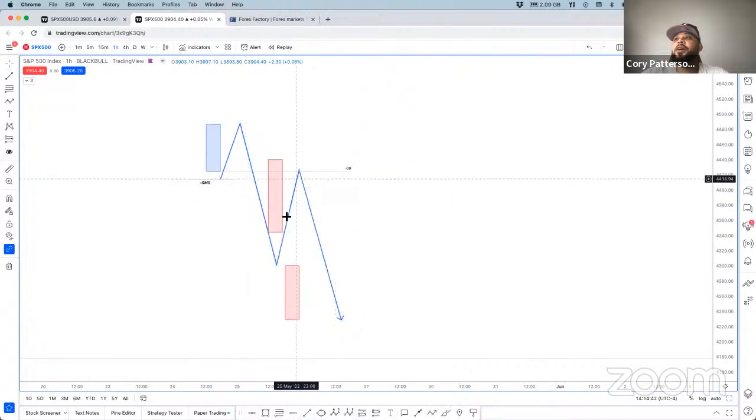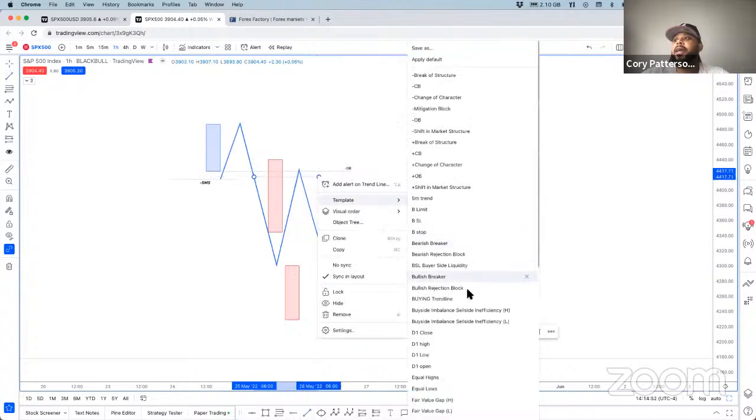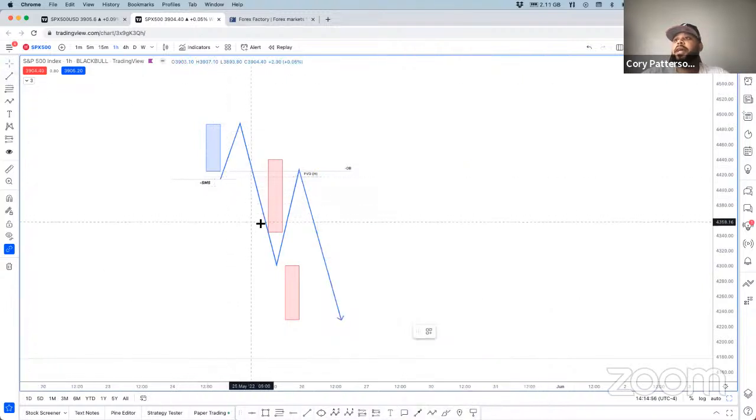Once I get the shift in market structure, wherever my imbalance is, should be somewhere around here. Gap high, gap low.